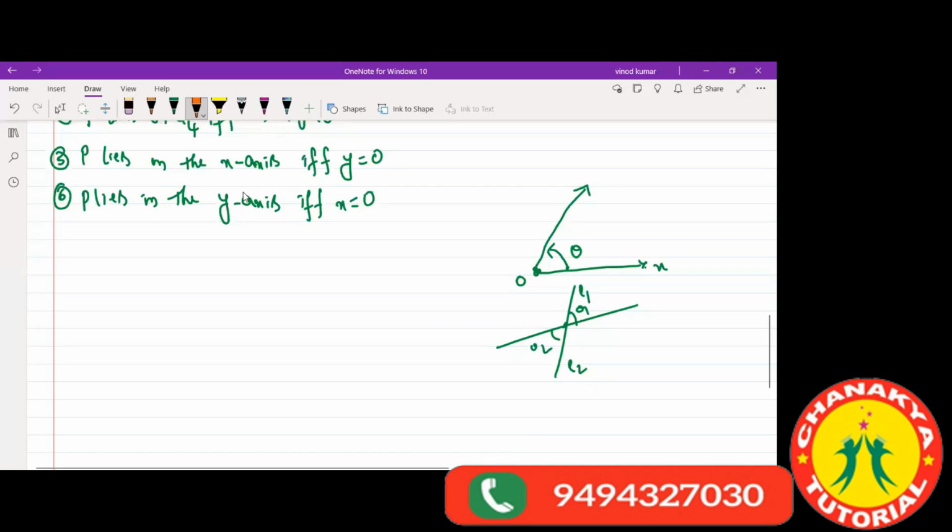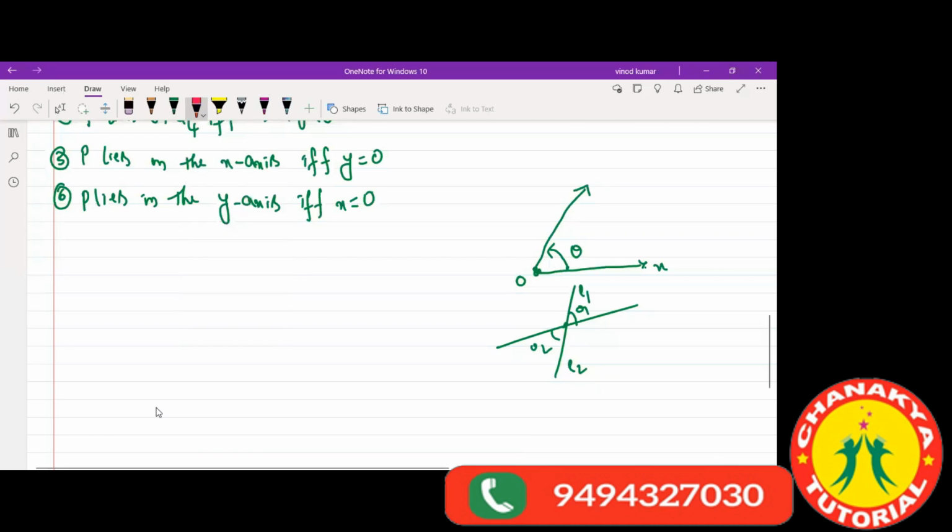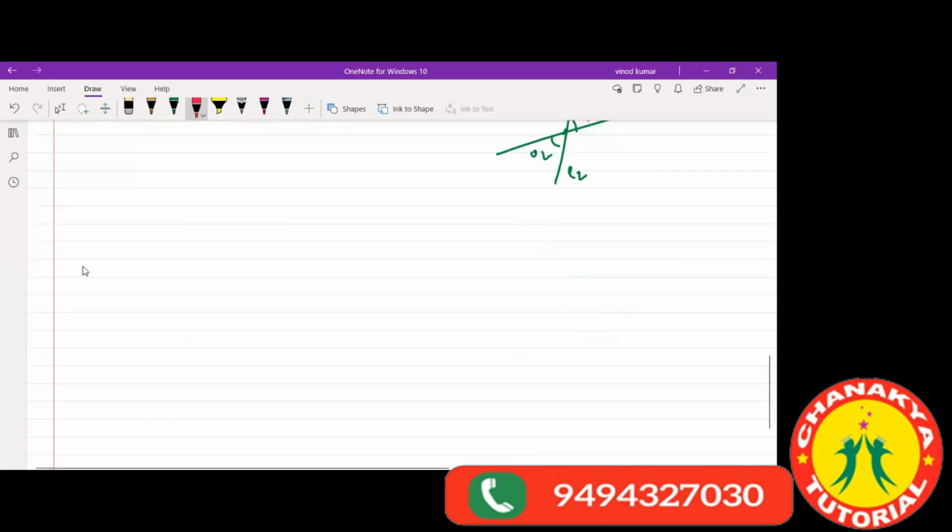listen. So now we are writing the British system. How should the angle be written? The British system or the sexagesimal system.